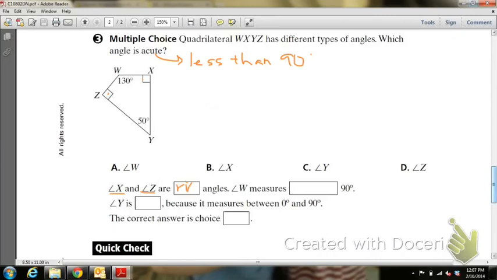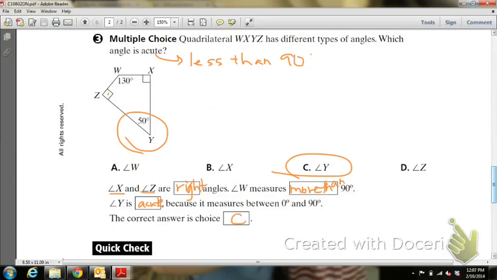So those are right angles. Angle W measures more than 90 degrees. And Y is acute because it measures between 0 and 90. So therefore, angle Y is the answer, so choice C is the answer.